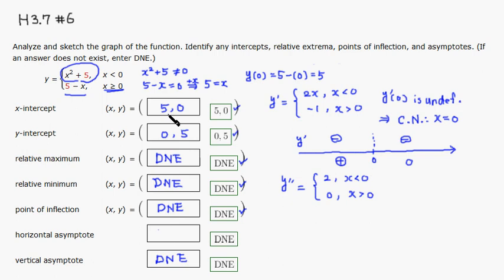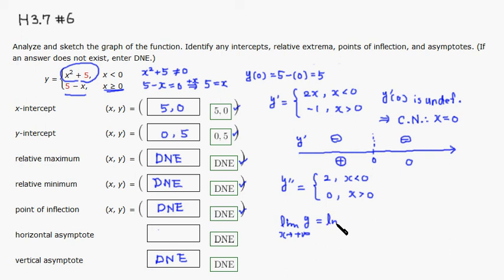Then also, if you look at the limit of this function, y, as x approaches positive infinity, we're talking about positive x values, so we have to use the bottom formula.